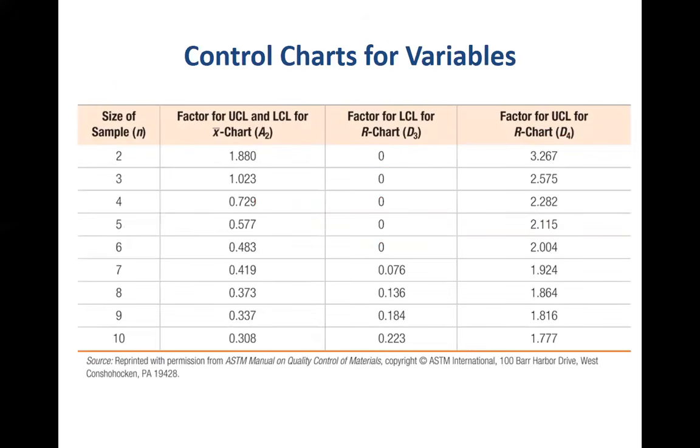To use the XBar chart, once again we use 4 as our size of sample, because we are in the same situation as earlier. For 4, we look for the value of A2, because that's the formula we have: A2 times your R bar, which has to be added to x double bar or subtracted from x double bar, depending on whether you're finding the upper control limit or lower control limit.